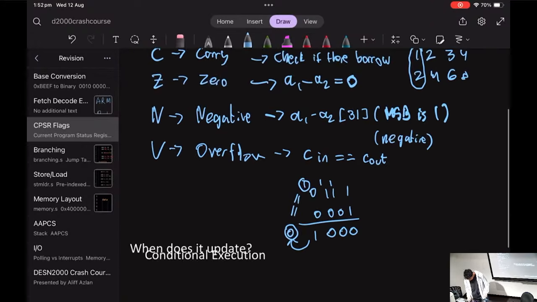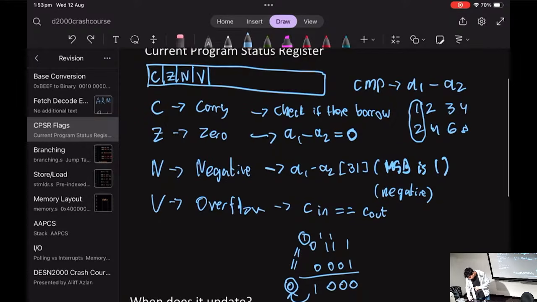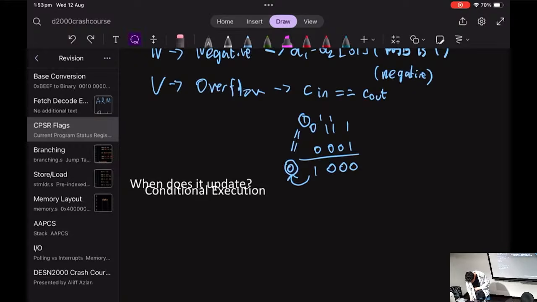A lot of people tend to confuse what C and V are. Carry is literally just whether there's an extra digit that's needed, whereas overflow checks if the sign changes when it's not supposed to, and we do that by comparing the carry bits. Cool.